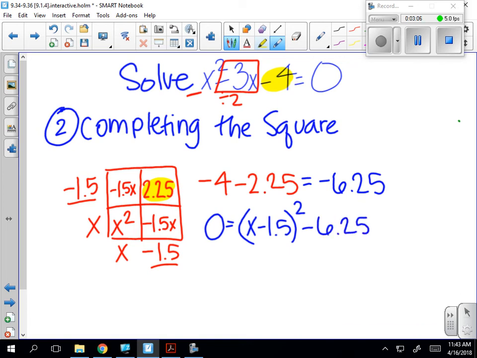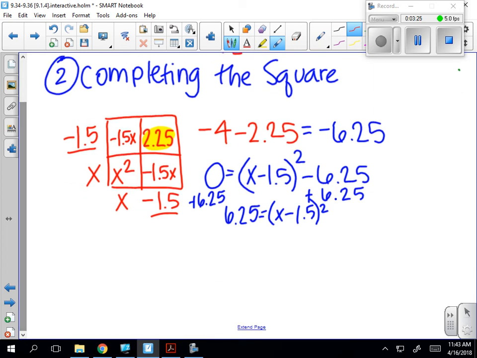Now solving would mean that I need to get x by itself. So I'm going to add 6.25 to both sides. So I get 6.25 equals x minus 1.5 squared. Then take the square root of both sides: the square root of 6.25 equals x minus 1.5. Now whenever you take the square root of a number, you have the positive and the negative.